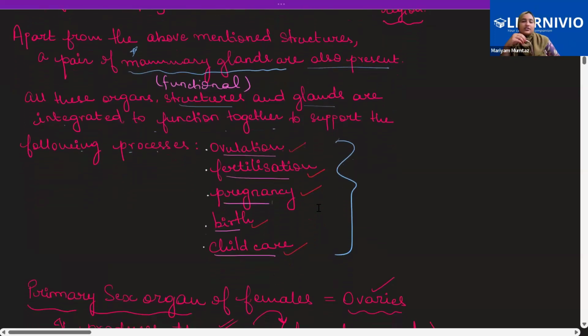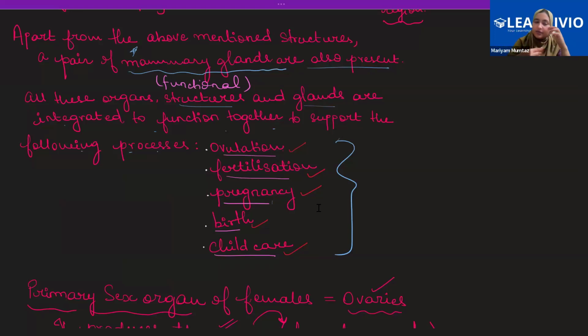All these structures are integrated, connected all together. They function as a whole to support processes like ovulation, fertilization, pregnancy, birth, and childcare. All of these processes are supported by the integration of all these different organs that we just saw.